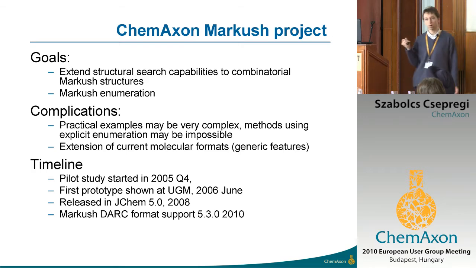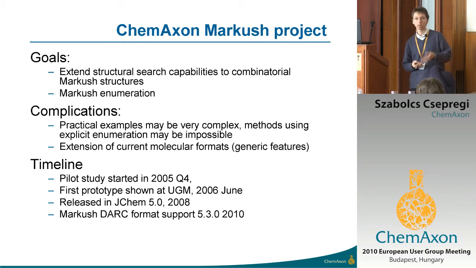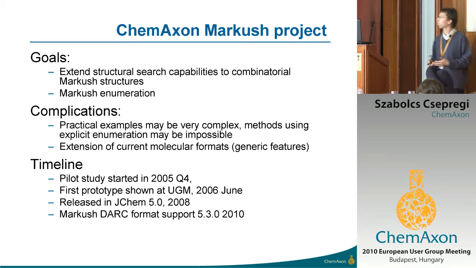So the goal of our Markush project was first, to be able to register Markush structures into our JChem database and to be able to search them in some way or other, and also to enumerate the Markush structures which are described by these generic structures. And we have encountered a few problems quite at the beginning.